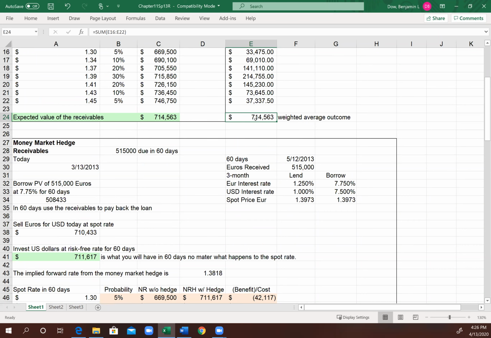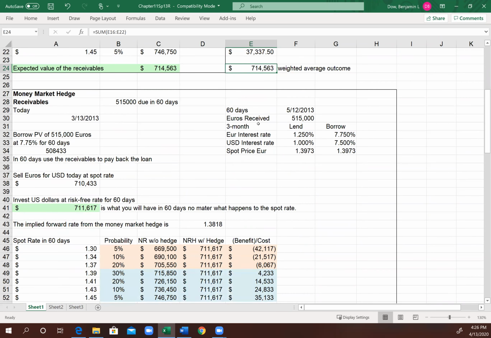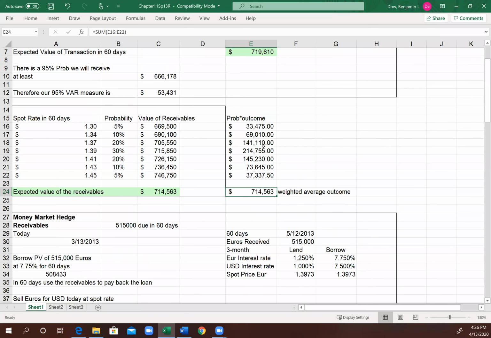So, what are some of the ways that we can hedge this risk? We've got a risk. The risk is we can receive less than we expect or more than we expect. And if we want to remove this risk, we're going to have to come up with different methodologies to eliminate this risk.